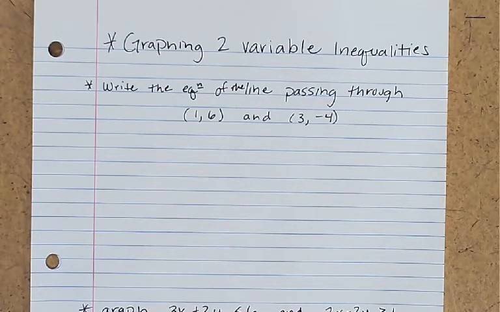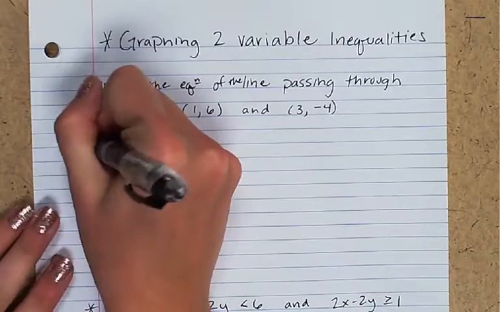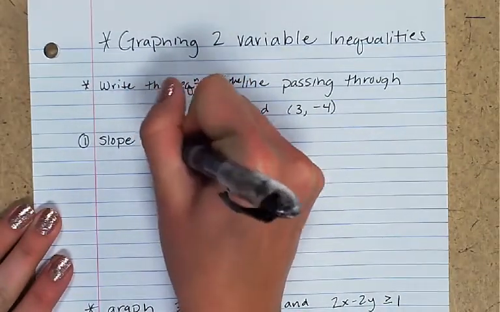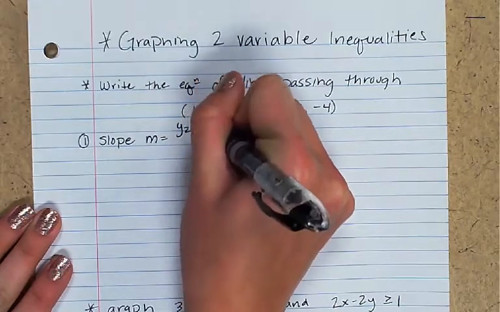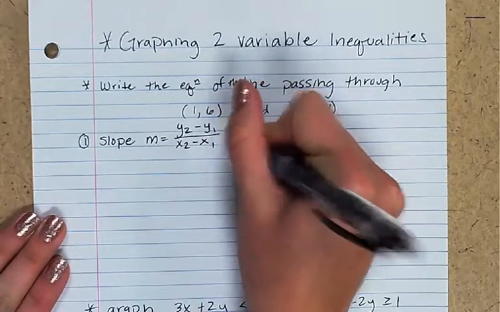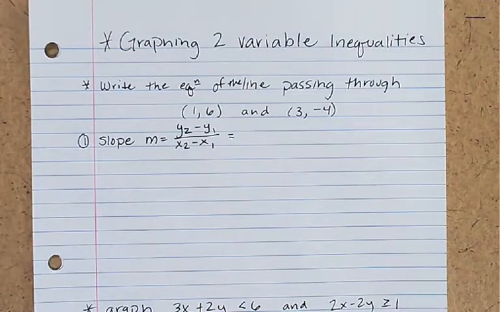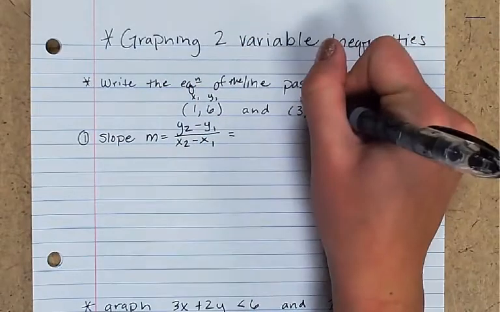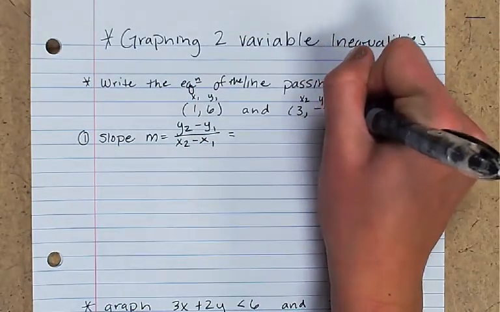So the first thing you have to do when you're given 2 points is find the slope, which if you recall is y2 minus y1 over x2 minus x1. So it doesn't matter which one you choose to be point 1 or point 2. I usually just go, this is the first one, and this is the second one, x coordinate, y coordinate.